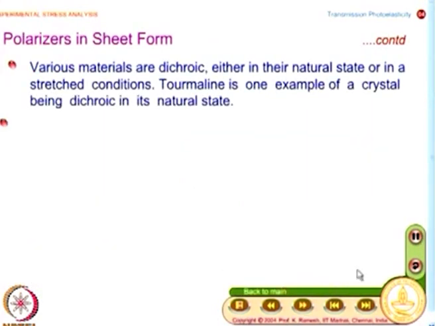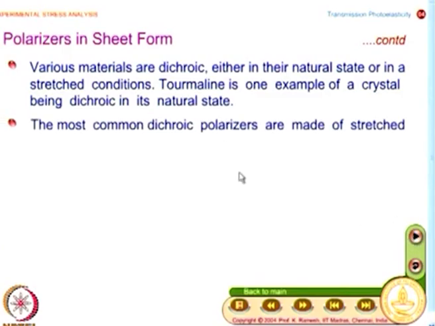And if you look at nature, you also have certain materials which are dichroic. Tourmaline is one example of a crystal being dichroic in its natural state, like we have seen natural crystals which are birefringent.